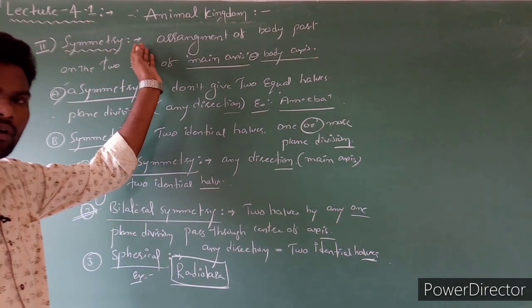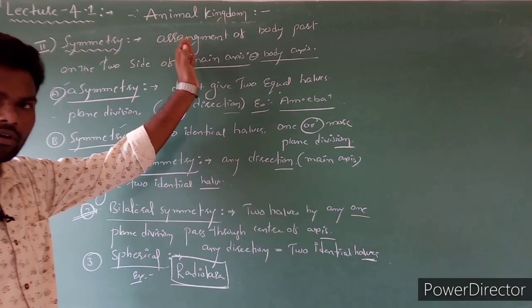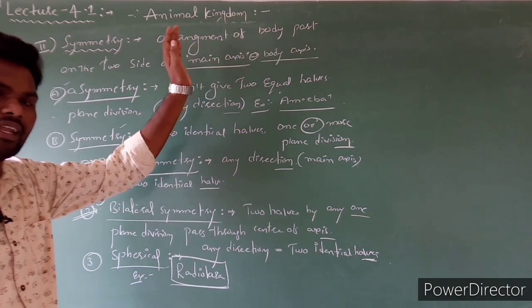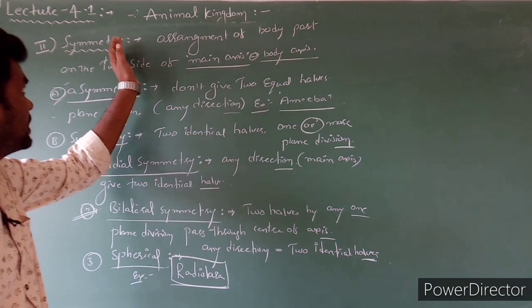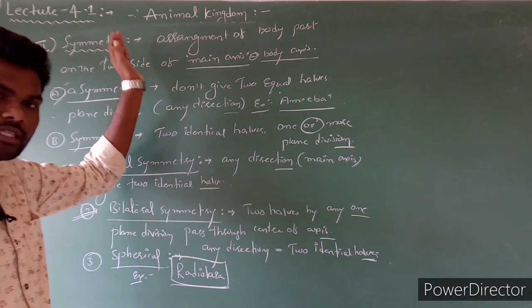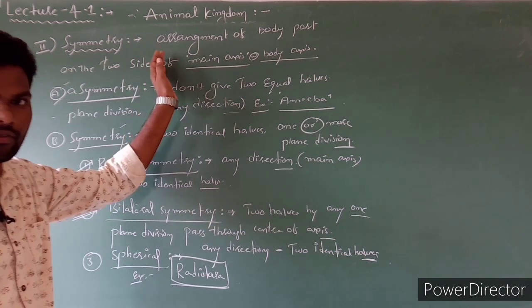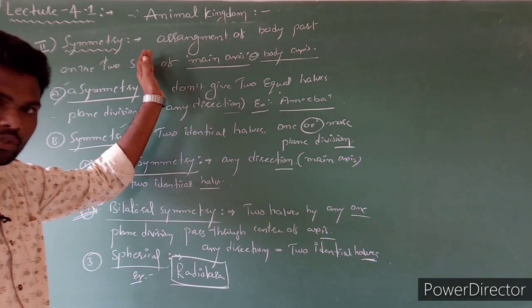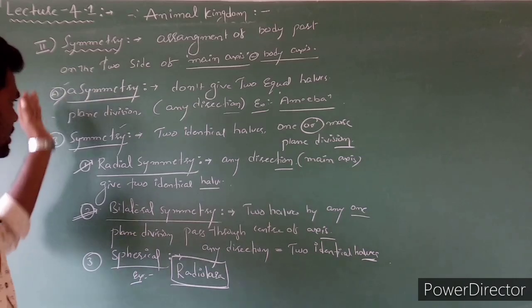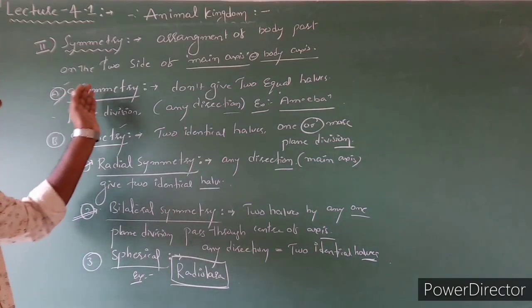Let's see, very simple. Symmetry means the arrangement of body parts on two sides of the main axis. Based on symmetry, the animals are again classified into mainly two types. First one is asymmetry.